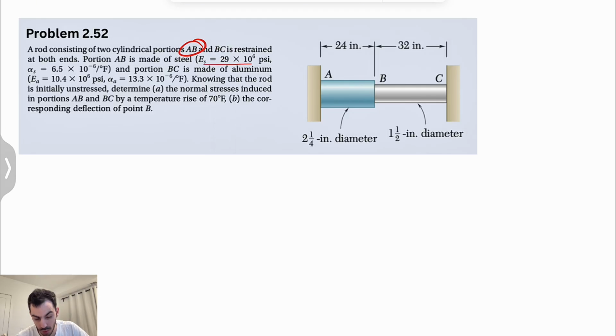And we have the coefficient of thermal expansion for steel, and also we have the same information for portion BC, and we know that the rod is initially unstressed. We need to determine the normal stress induced in portions AB and BC by a temperature rise of 70 Fahrenheit, and in part B the corresponding deflection of point P.